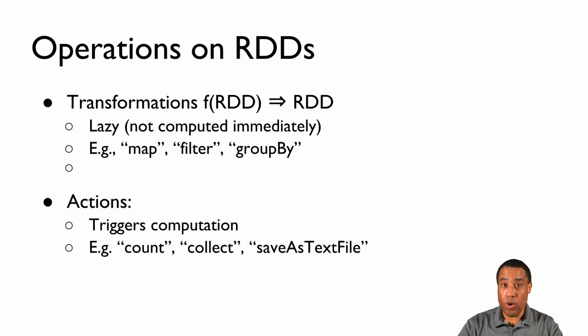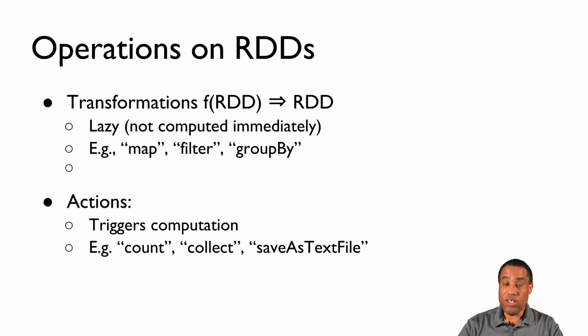That's when Spark will look at all the transformations you want to do, and it'll optimize them. So if it can see, oh, you're doing a map and then a filter, maybe I can avoid doing some of the map operations because I see that there are filters or group bys.